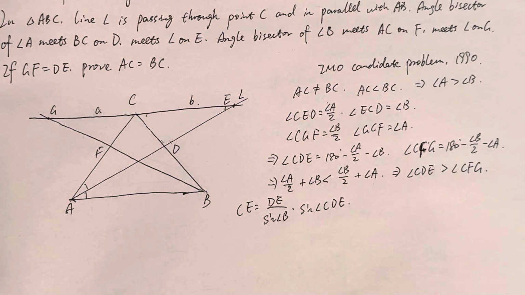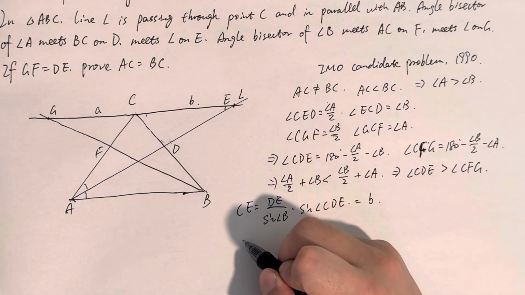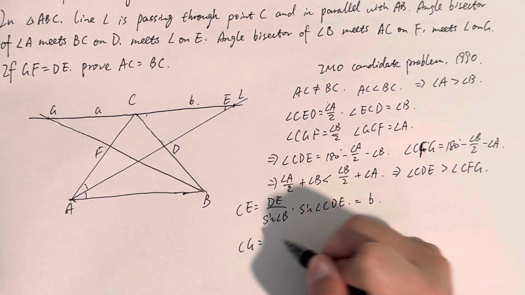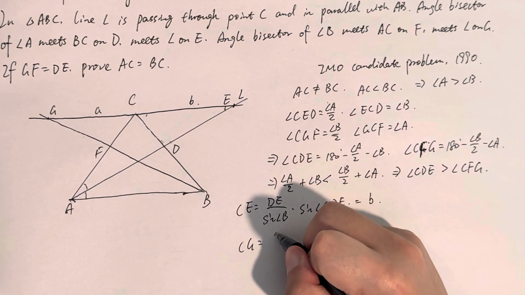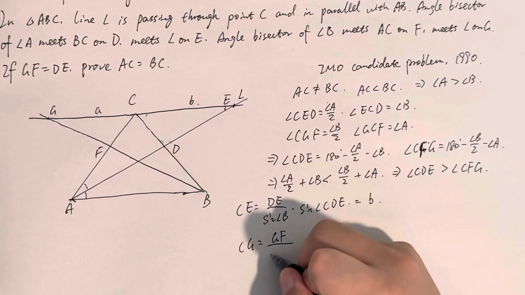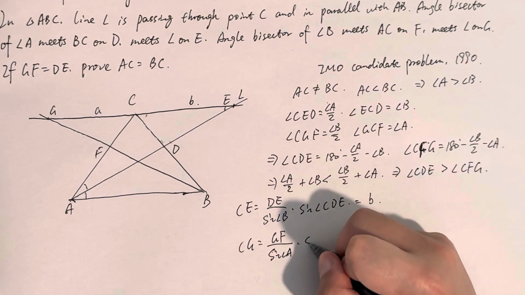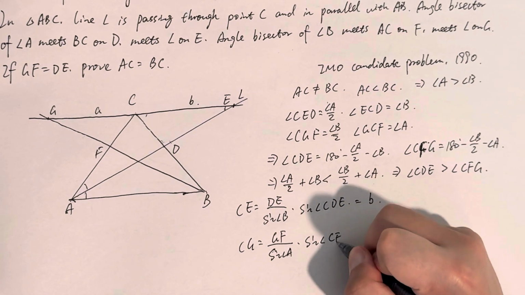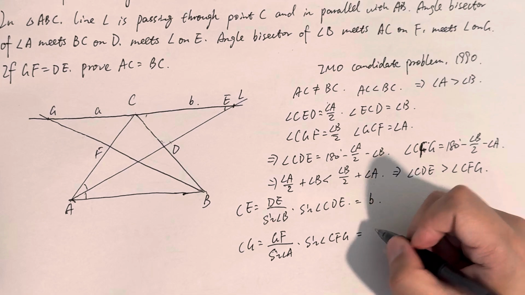And it equals b, right? Similarly, CG equals GF divided by sine angle A times sine angle CFG, which equals a.